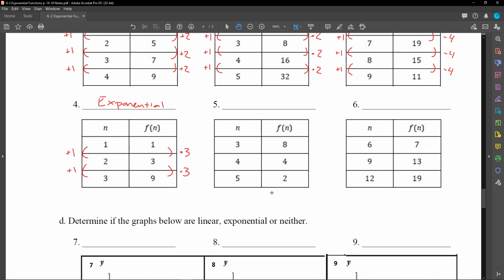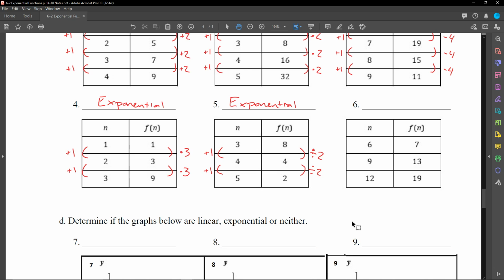For number 5, we're increasing from 3 to 4 and 4 to 5. n increases by 1 each time. And f of n, we're going from 8 to 4 to 2. We are dividing by 2 each time. So this is exponential. So even though we're dividing by 2, you can also think of this as multiplied by the reciprocal 1/2.